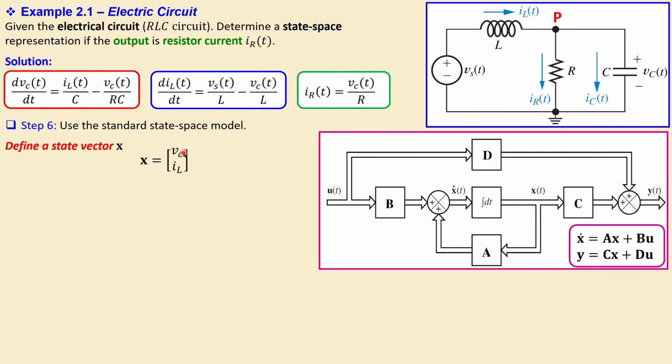You have then the first one, let's say VC, and the other one is IL. But you can also say IL and VC. So we have a vector with two elements in it. If you now take the time derivative of that one, there is a shorthand notation for the time derivative of that state vector, then you differentiate the VC and also the inductor current.